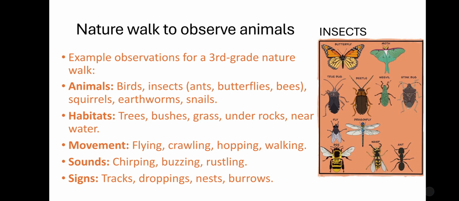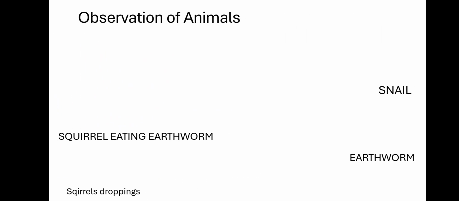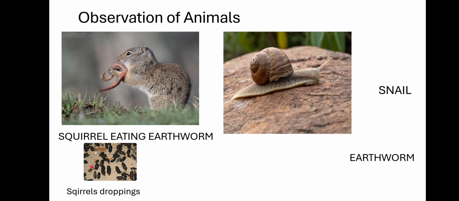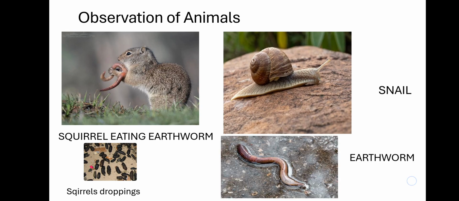So you can see these insects' pictures. Observation of animals. You can see the squirrel eating an earthworm. You can see the squirrel's droppings. You can see the snail. You can see in the garden all these animals when you go for a nature walk.